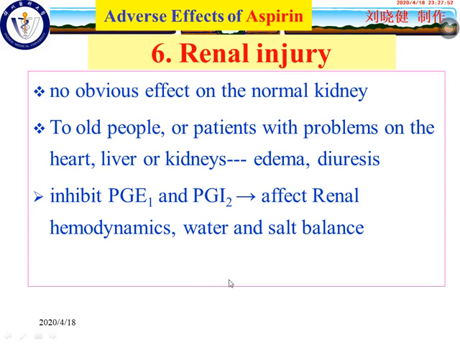Because in the kidney there is also COX, which is COX-1. Aspirin also inhibits that COX and then inhibits the synthesis of prostaglandins E1 and I2 in the kidney. Finally, it can affect renal hemodynamics and water and salt balance.